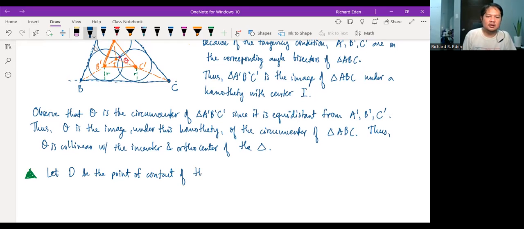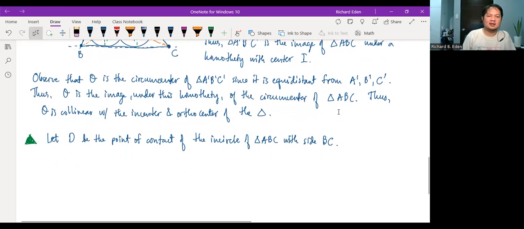The point of contact of the incircle of triangle ABC. What about the Gergonne point, the intouch points?